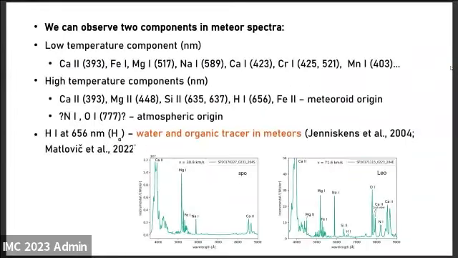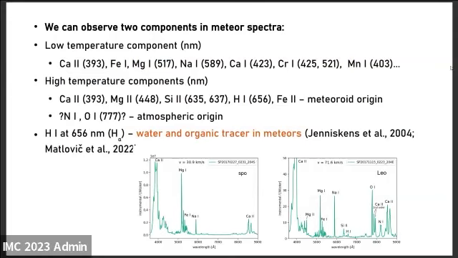So the low temperature component shows well-known lines of sodium, magnesium, iron, and so on. In the high temperature component, you can see ionized calcium, ionized magnesium, ionized silicon, and neutral hydrogen.